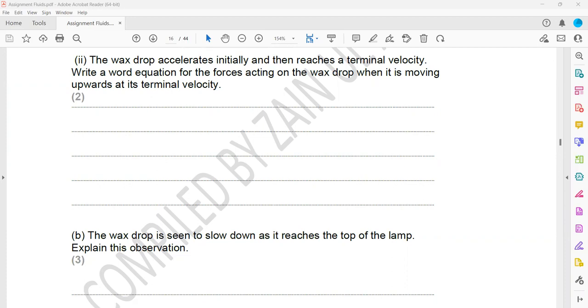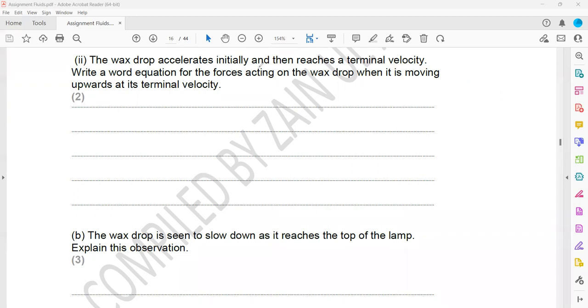Or you can also compare it as the upthrust: upthrust equals the density of the liquid times the volume of the object times gravity. The increase in volume is much more than the decrease in the density of the fluid. That's why the overall upthrust is increasing. So the wax drop accelerates initially and then reaches a terminal velocity.